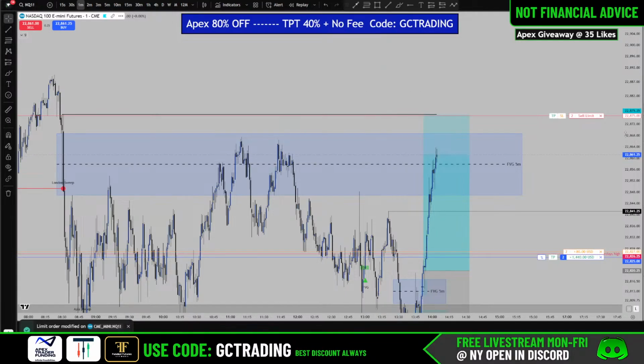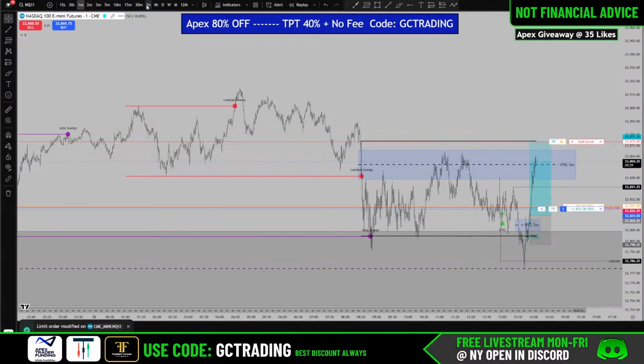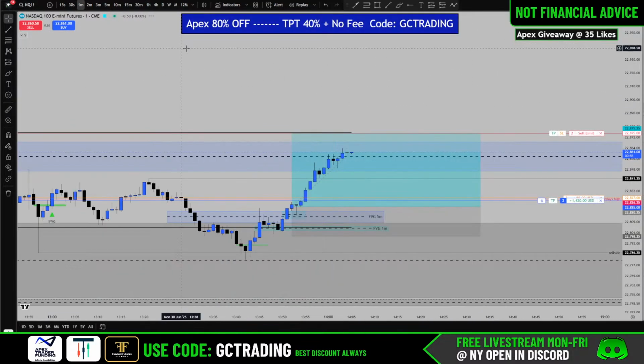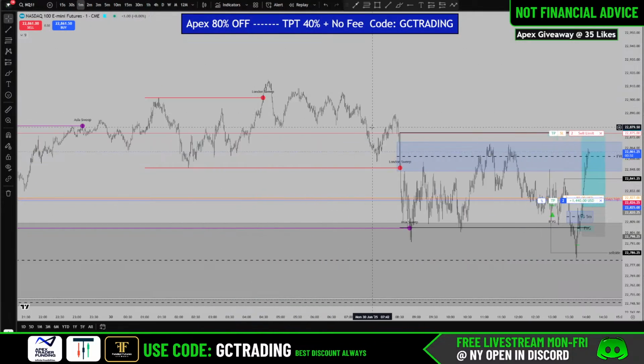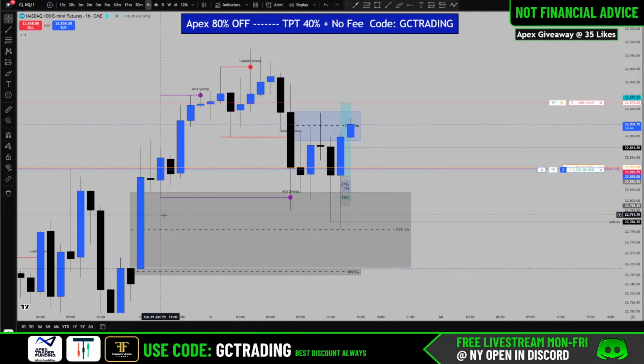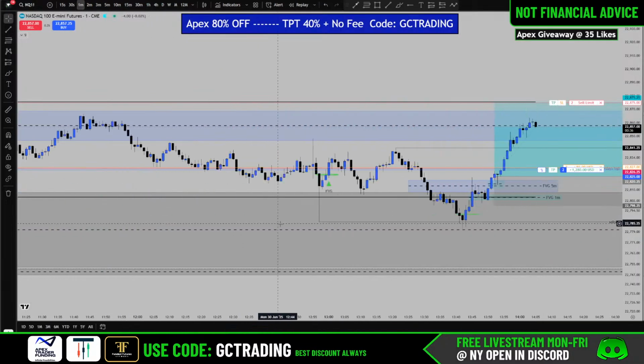Let me break down this trade. On the hourly, what happened? First, we slammed down and took out London and Asia. But on the hourly, we tapped into this 1 hour gap, took out liquidity, and we got a strong buy sequence up.